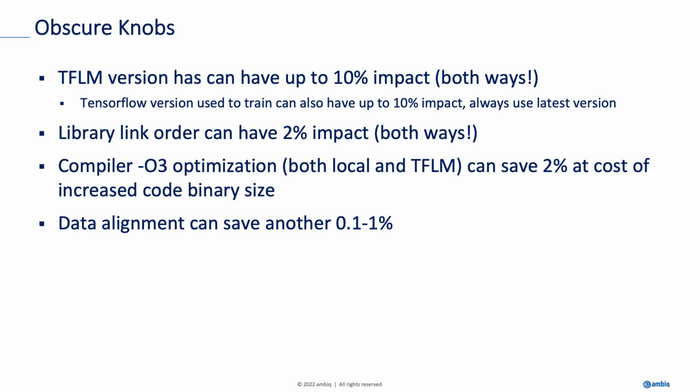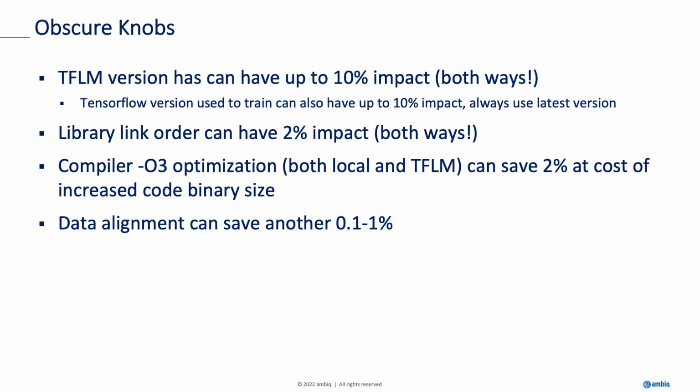Here, you really have to experiment, and it depends on your model and your application. The linking order has a lot to do with it too. Whether you link your standard library before or after the TensorFlow Lite for microcontrollers library has a performance impact of about 2%. 2% makes a big difference when you're optimizing, but it's not always the same. Depending on your TensorFlow Lite version and your architecture, you have to play with both and see which is better.